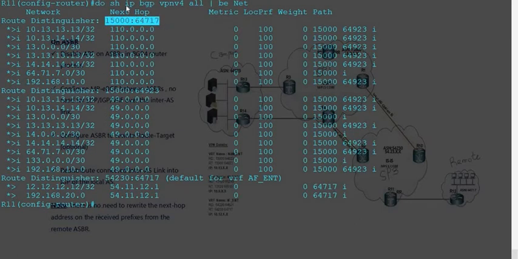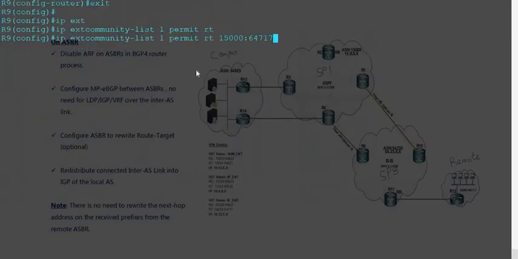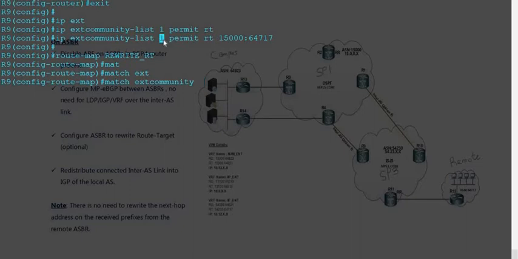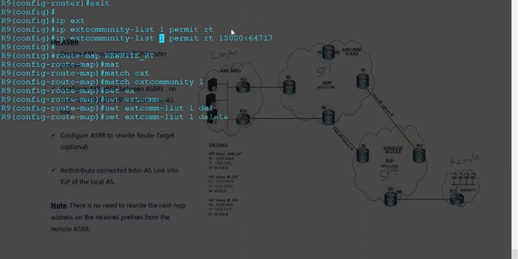So we match based on what is coming, which is 15,064,717, and then we use a route map to match based on this entry, and then we can use the set command to delete this particular route target, while we also use another set statement to rewrite what we want to write on these particular prefixes when they arrive.